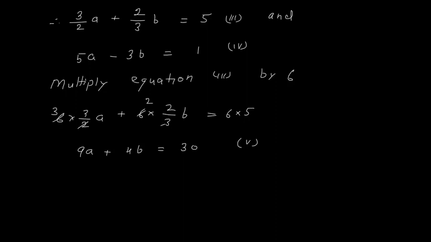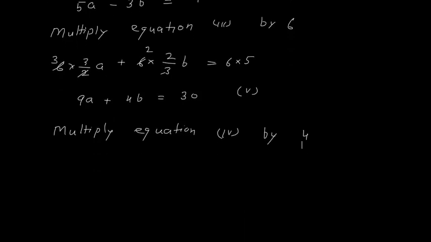So to make this coefficient 12 I will multiply equation 4 by 4. When I multiply equation 4 by 4, I will get 4 fives are 20a minus 4 threes are 12b is equal to 4. This is equation 6.